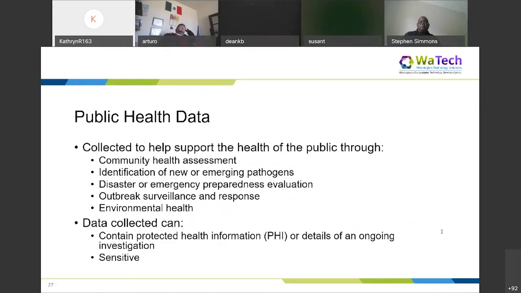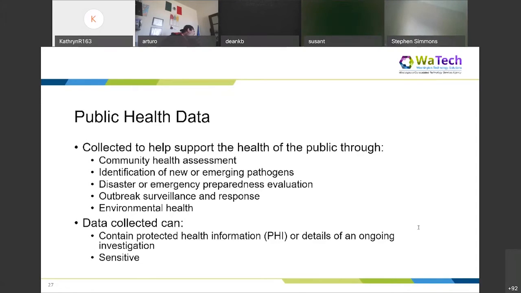Public health data is collected to support the health of the public through community health assessment, identifying new or emerging pathogens, disaster emergency preparedness, environmental health, or outbreak surveillance and response. And it can contain, as I talked about, protected health information and other sensitive health information, which includes possibly very sensitive information about individuals.